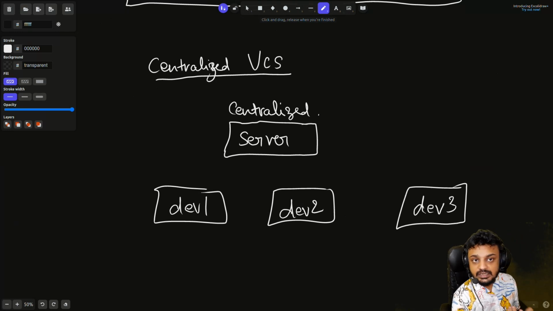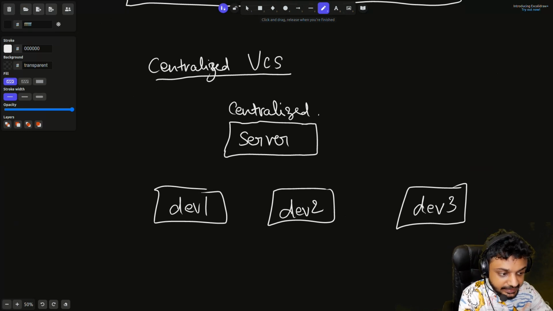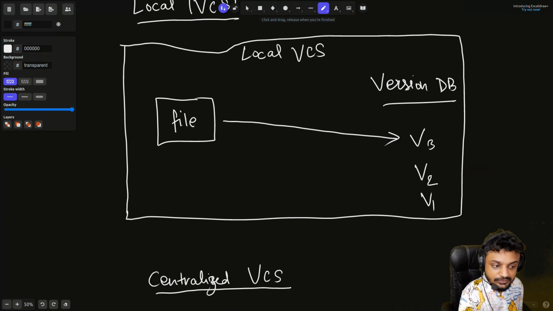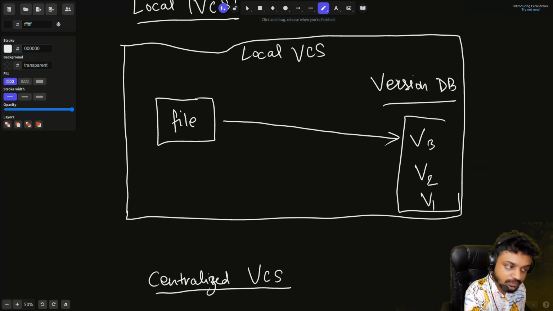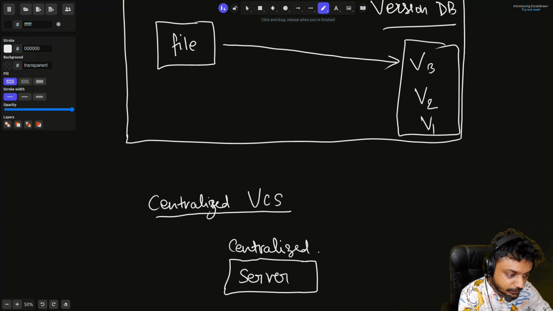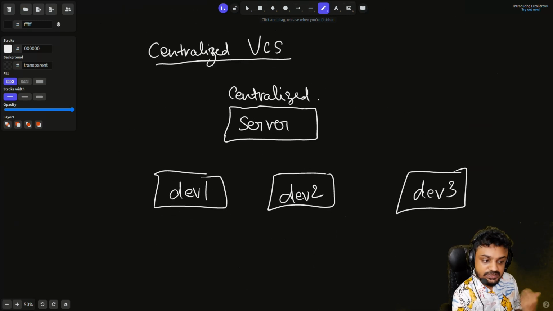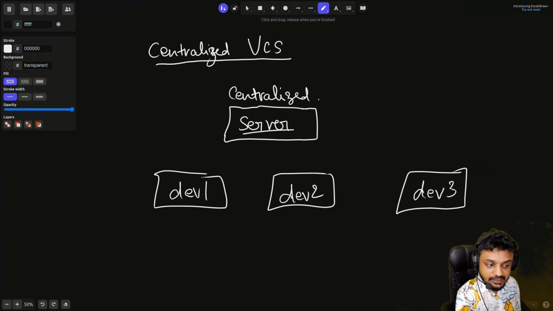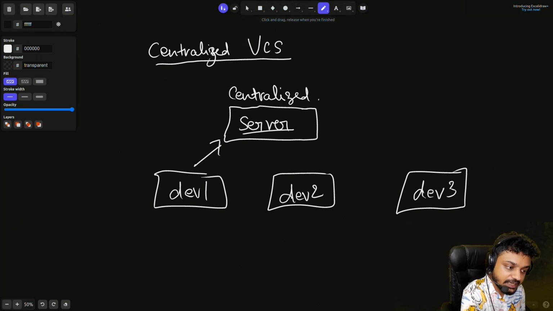Whatever code they are making and whatever changes they are making in their files, this entire version database, maintaining the versions of each and every file, used to be maintained on a remote server that all three devs can access.